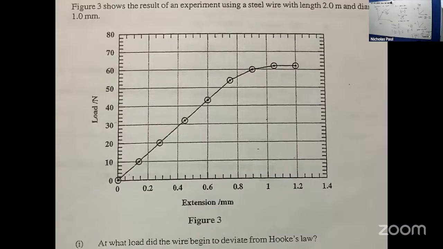And F is how much? 55 newtons, and A is what? Seven point something. You look in the middle. All right, you go with that. 10.